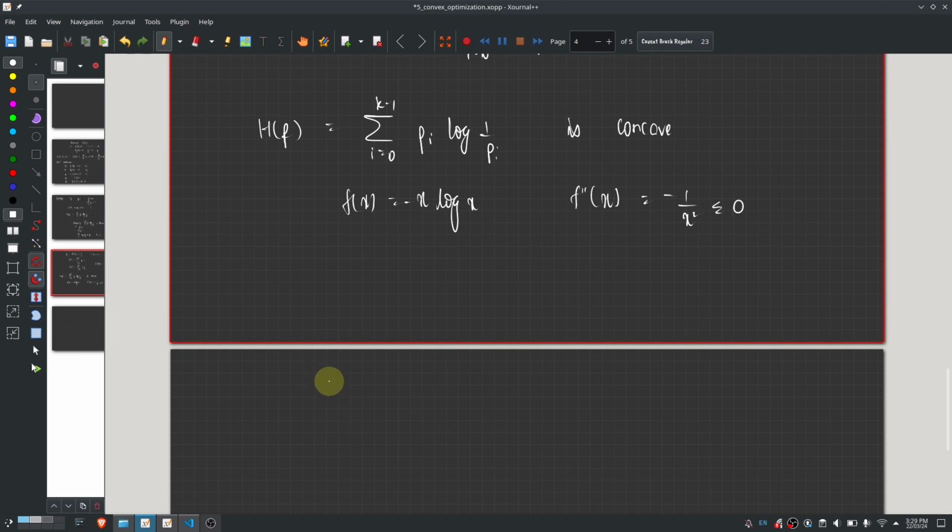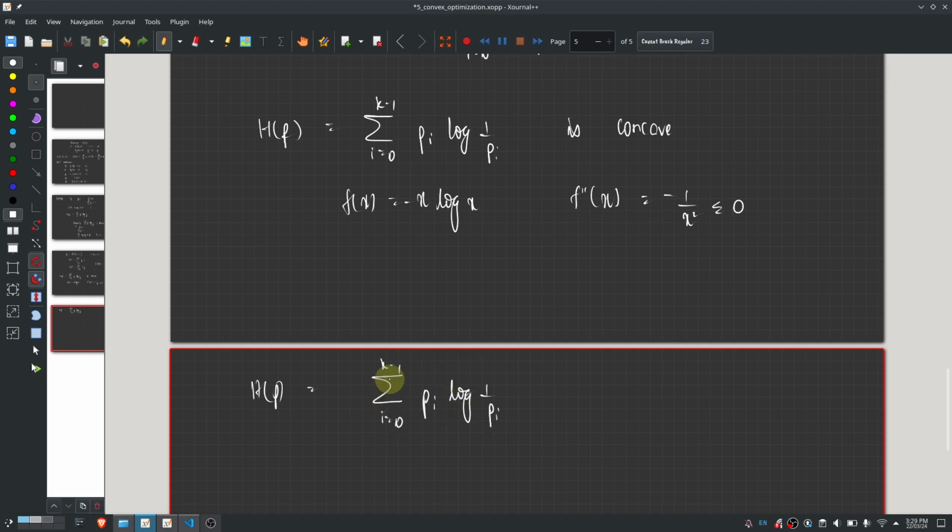So let me take h of p itself, which is equal to summation i equal to 0 to k minus 1 of p_i log 1 over p_i.